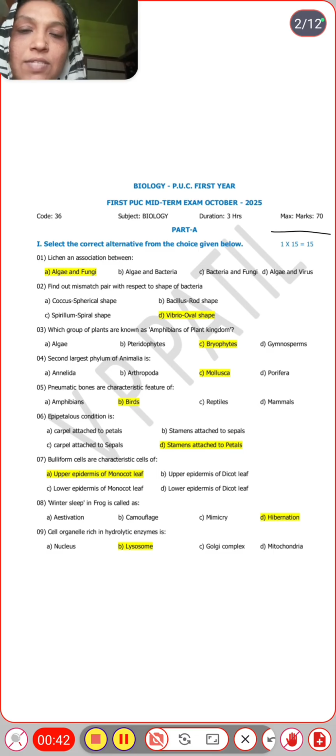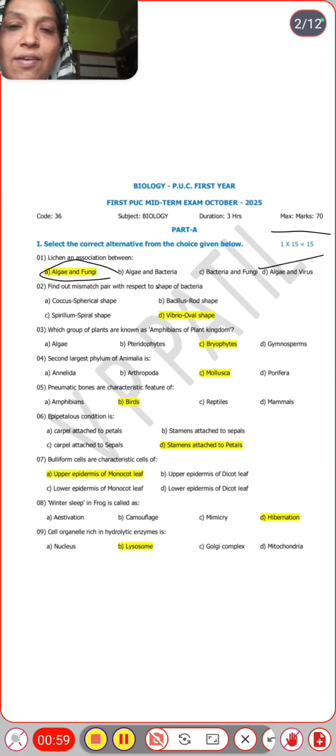First one, choose the correct alternative from the given below. 52 questions are there here. Lichens are an association between algae and fungi, algae and bacteria, bacteria and fungi, algae and virus, that is algae and fungi.